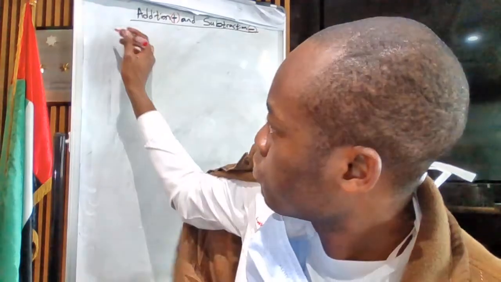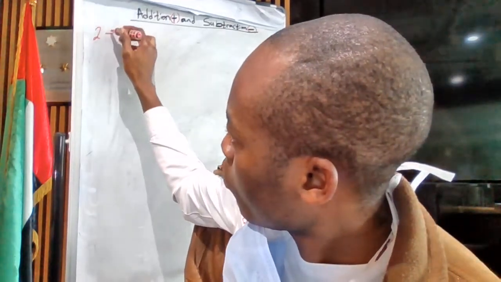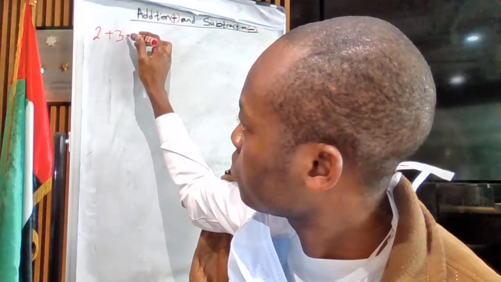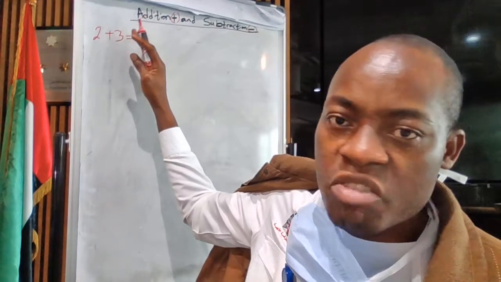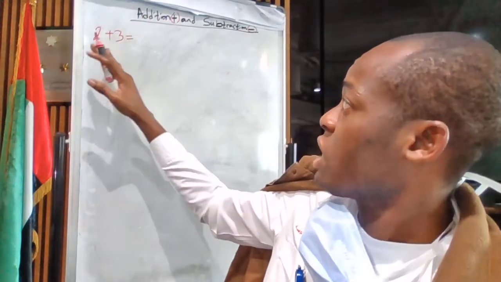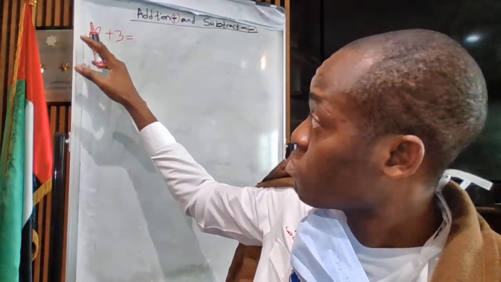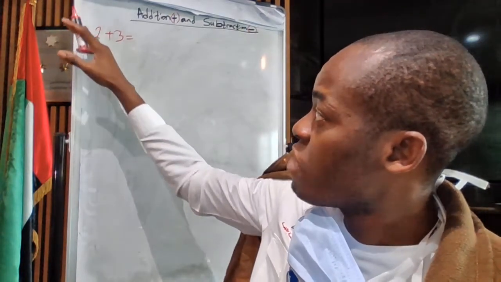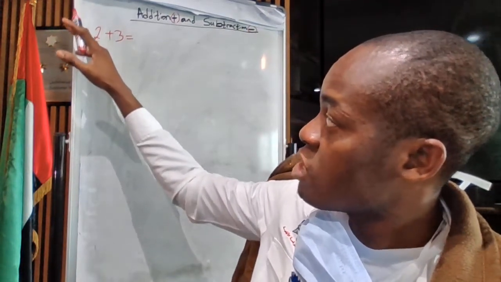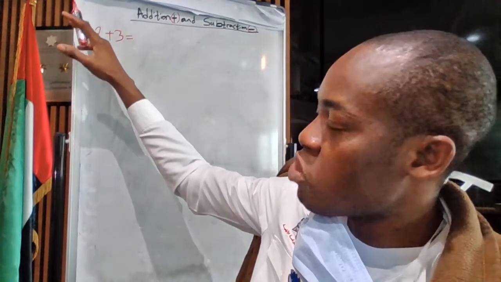For example, you are given 2 plus 3. When you say 5, yes, it's 5, but it's more than that. This 2 is not having anything in front of it. That means the 2 is normal.